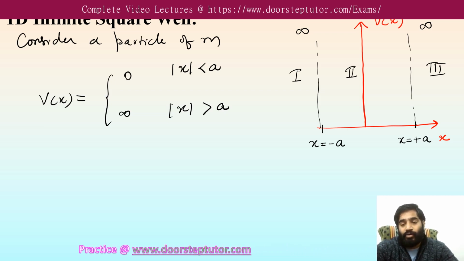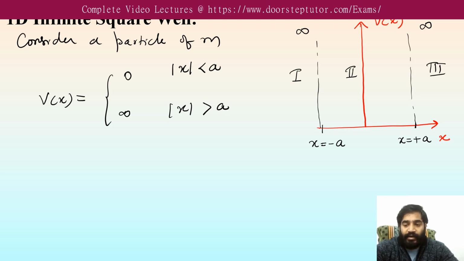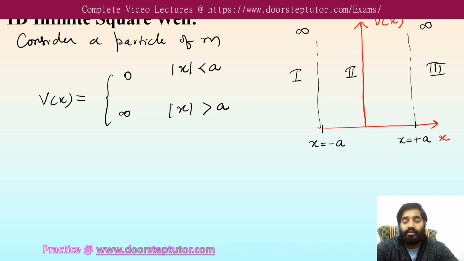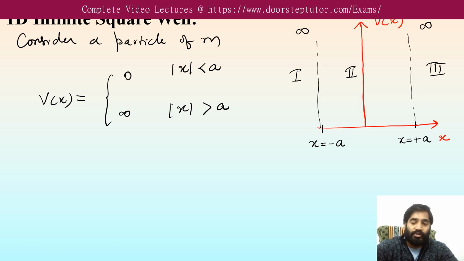In the first and third regions the potential is infinite, hence the particle is not going to be possible there. There is a chance that the particle is between minus a and plus a, but there is no chance that the particle is in region 1 and 3. So we require to solve the equation related to region 2 only.